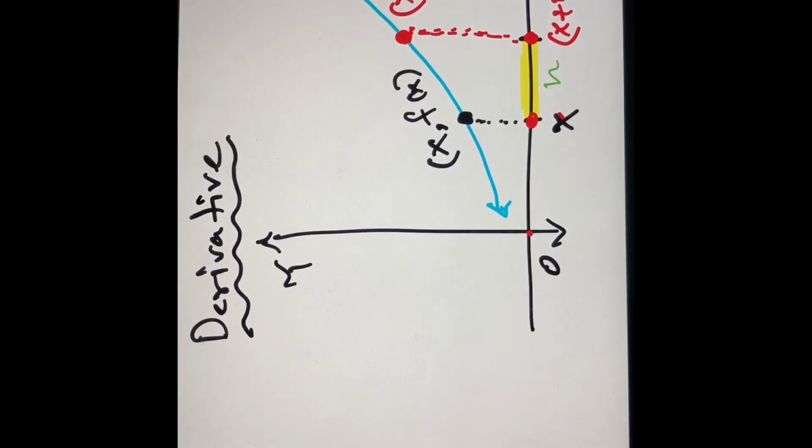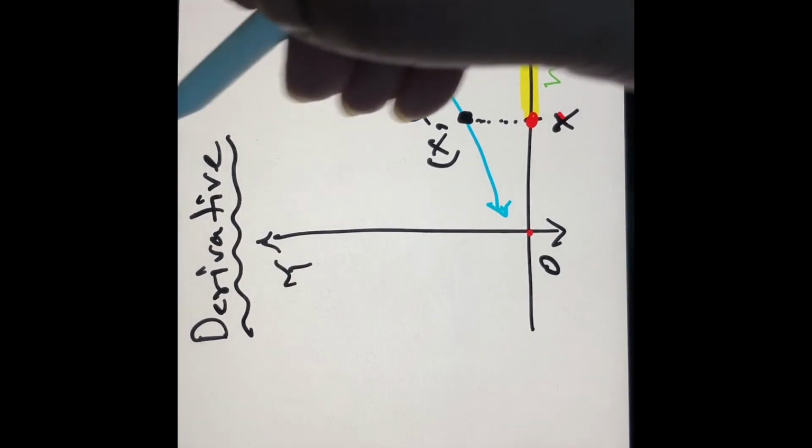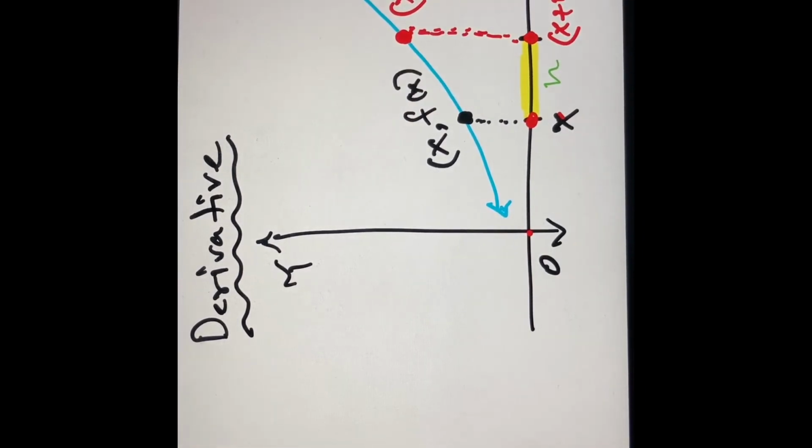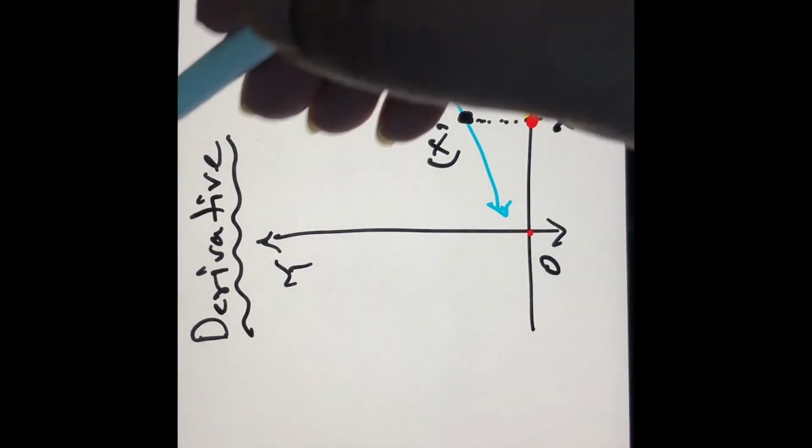I hope you see the pattern: x, f of x, x plus h, f of x plus h. So it represents the y value. This part represents the y value, and this part represents the y value.